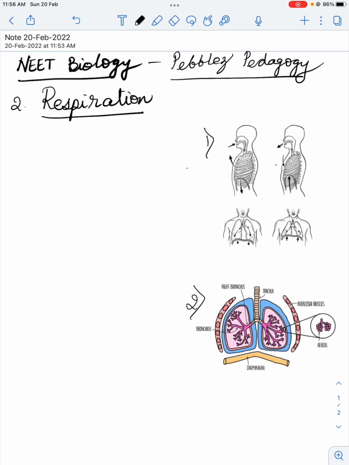I'll be using them to explain a few concepts here. So what is respiration, and is it the same as breathing? Or if it is not the same, then help me understand. I'm definitely going to help you understand the difference between respiration and breathing.